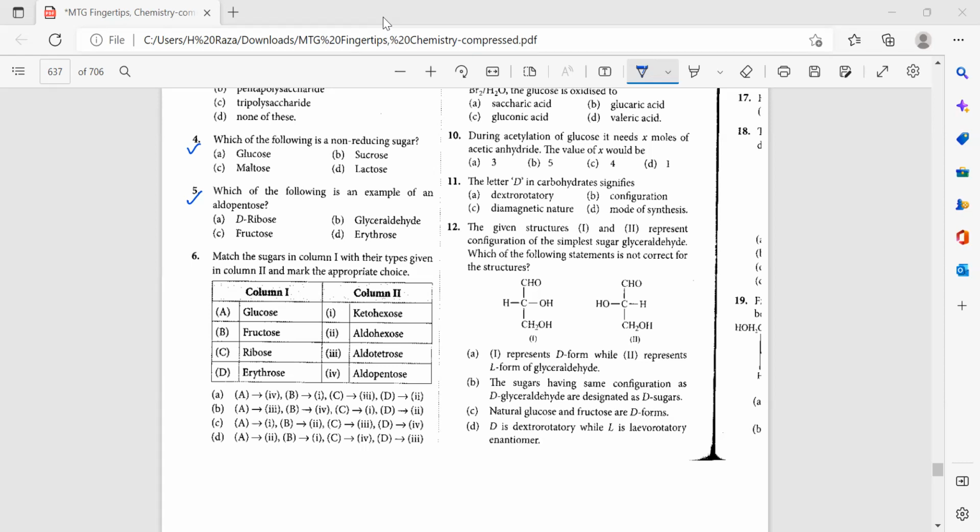Yes, sir, finished. Sir, can you scroll? Yes. Okay, I'm going to scroll. Can you see questions 7, 8, 9, 10? Do up to the 12th question only, not 15.